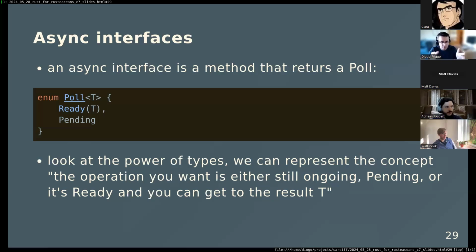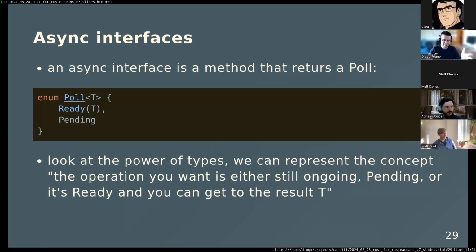I just wanted to call out this really nice, not a feature of Rust, but of having a type system. You can represent complex concepts with types, and this is really nice.